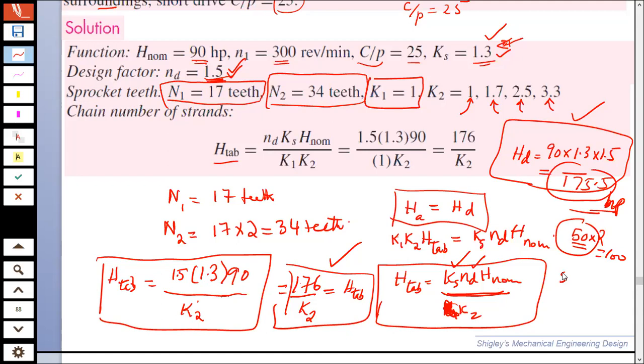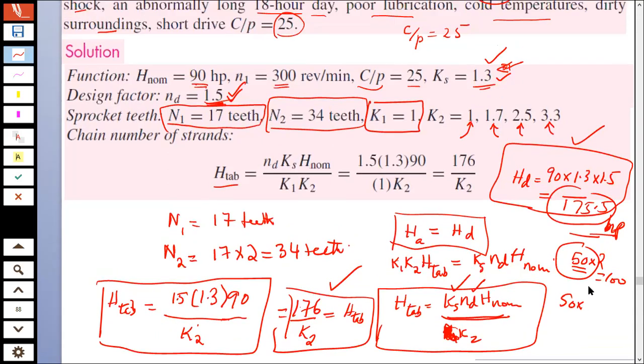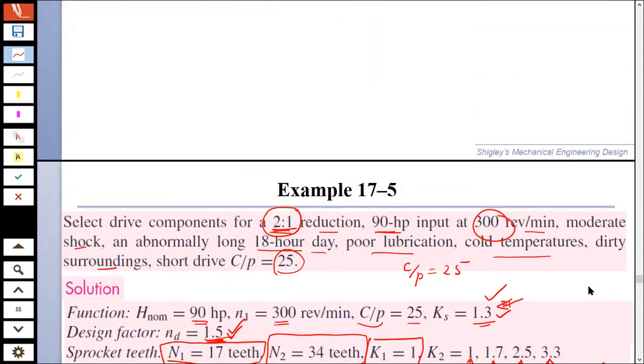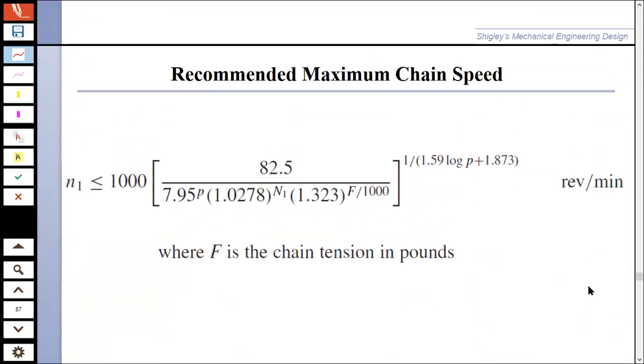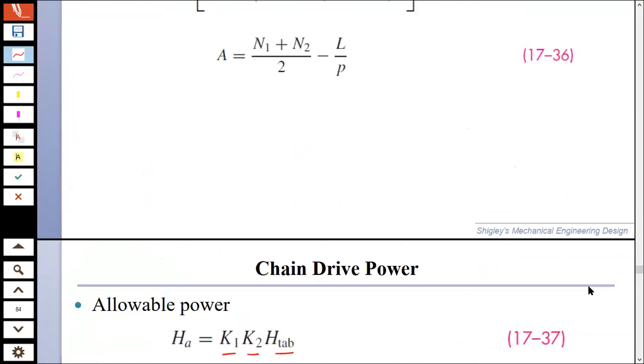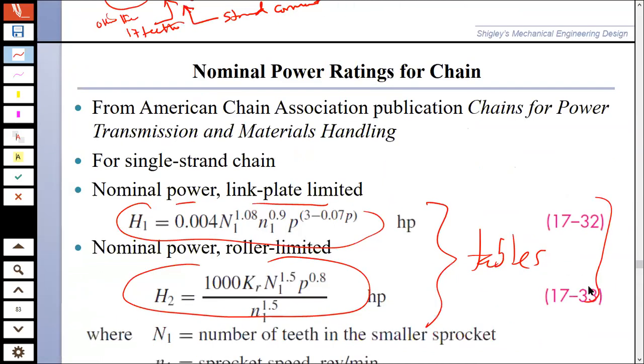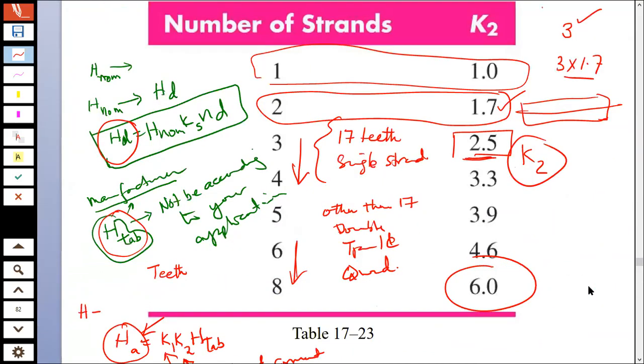If I multiply this for the number of strands, let's say 4 strands, what is K2 equal to for 4 strands? For 4 strands, K2 is equal to 3.3. So 3.3 times 50 is 165.